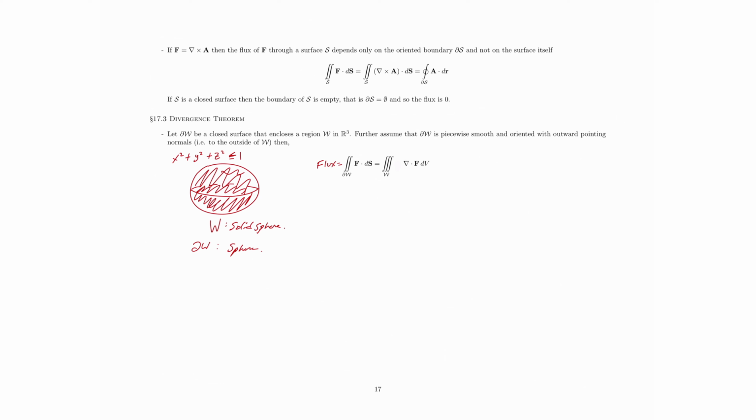Then, if you want to know the flux of a vector field through the surface, the divergence theorem says all you need to do is integrate over the full volume of the sphere, and you would integrate the divergence.